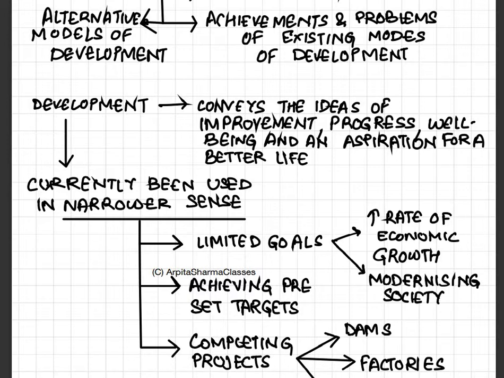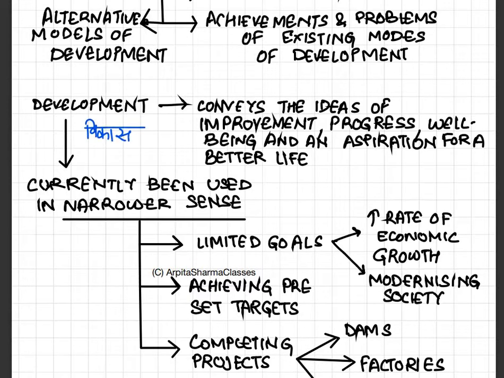It is the state of being developed, in a changed environment or changed situation. That can be the layman definition of development. And in Hindi, development means vikas. हिंदी में डेवलपमेंट का मतलब क्या होता है, विकास होता है. विकास मीन्स डेवलपमेंट इन हिंदी. ओके, तो ये तो हो गई बेसिक अंडरस्टैंडिंग ऑफ डेवलपमेंट.